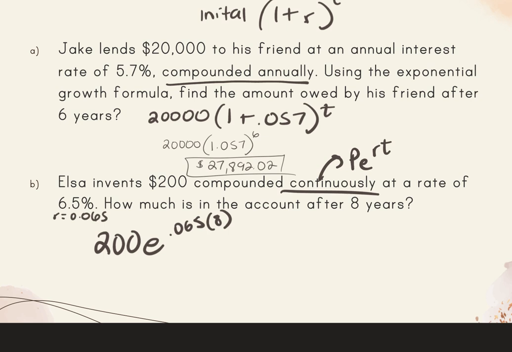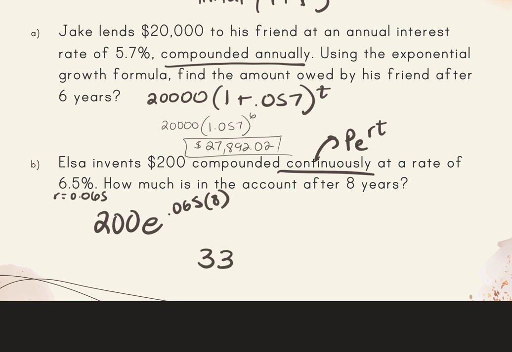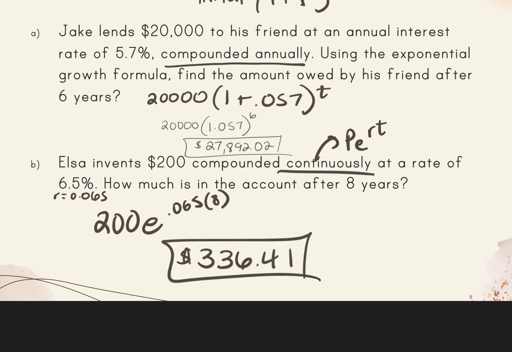The E is above the ln, so second ln, 0.065 times 8. And I get $336.41. Like 200, second ln brings in your E. And then in the exponent, 0.065 times 8.